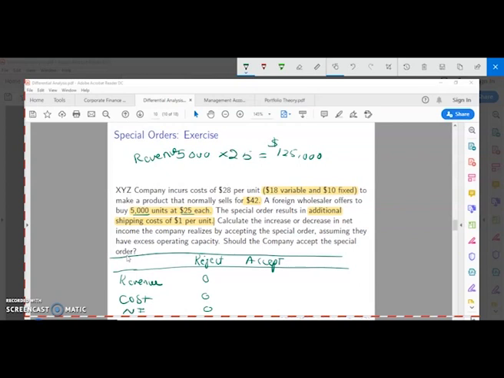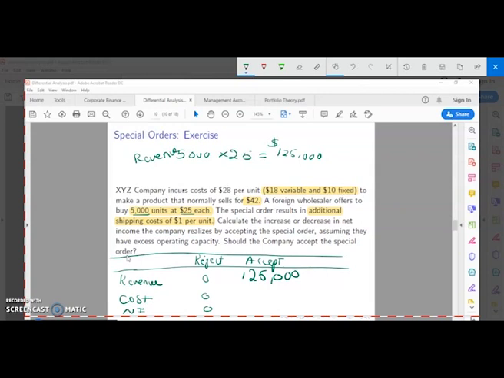So first write down the amount of the revenue, which is 125,000. Next I need to calculate the cost, how much it will cost me if I produce 5,000. So let me explain this a bit more in detail because you might get confused.